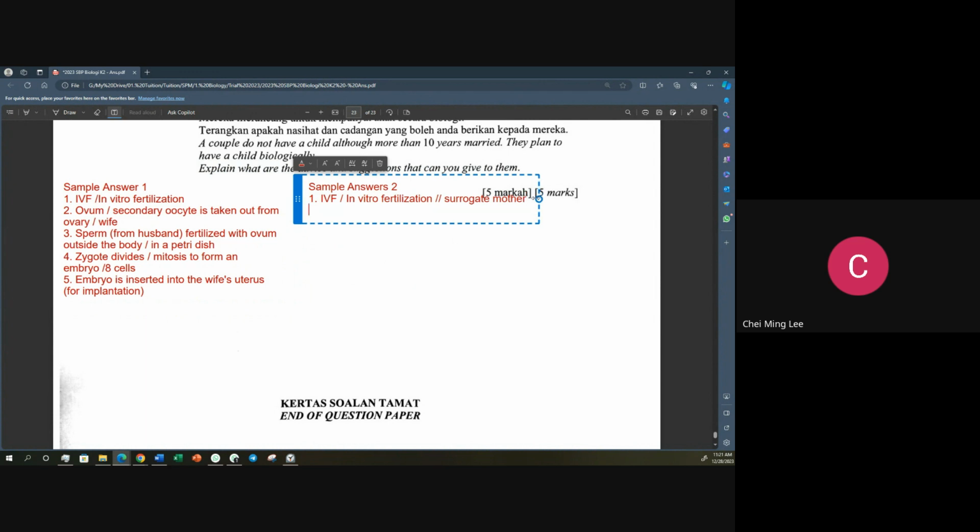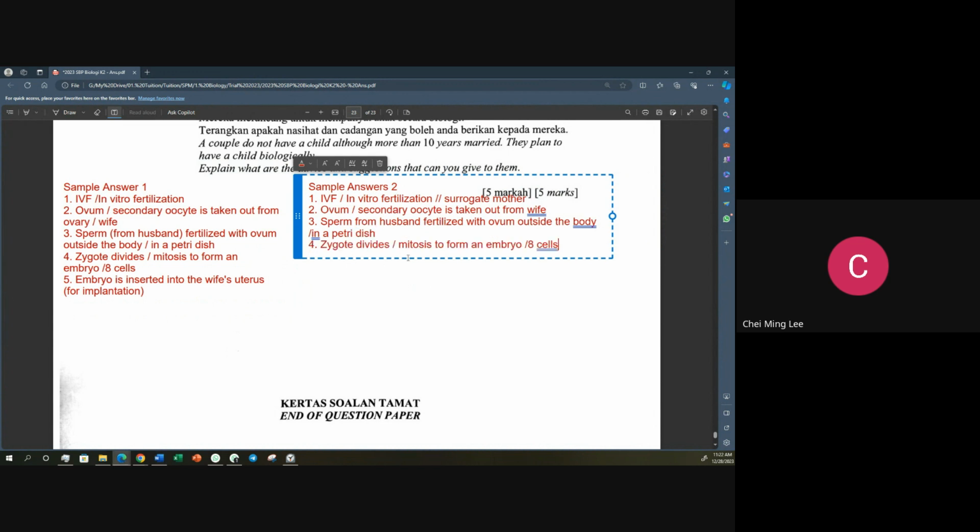It means the surrogate mother, where in the same way the ovum or secondary oocyte is taken out from the wife, then the sperm of the husband, the process is still the same. The answer is almost the same. Inside a petri dish, the zygote will divide by mitosis into an embryo or egg cell body.